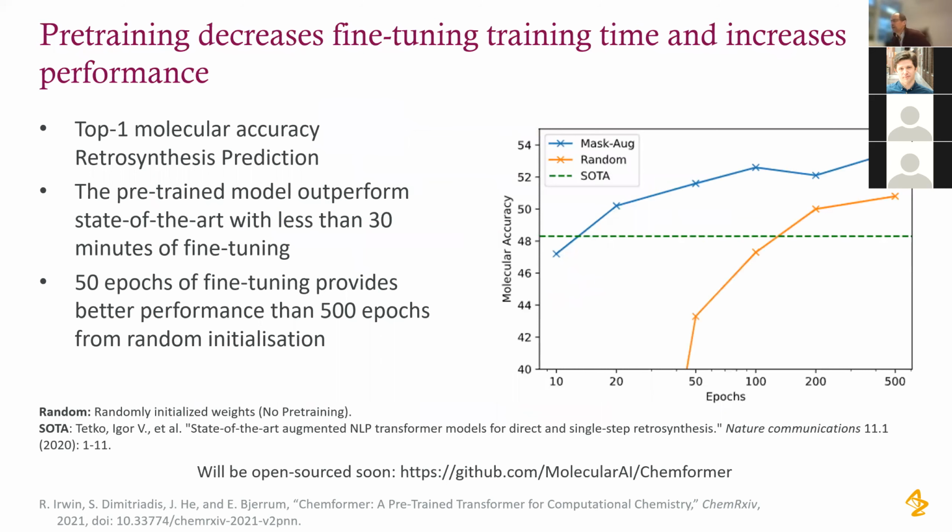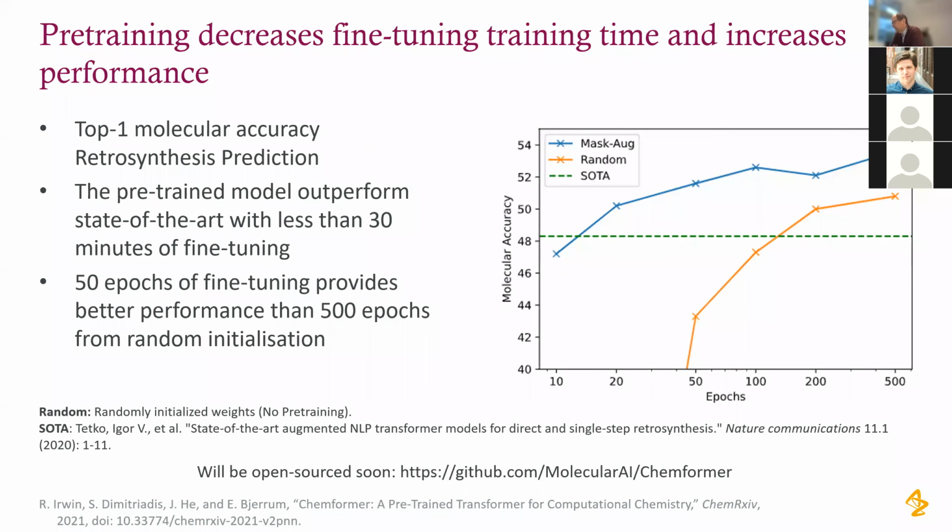Here are some results on the retrosynthetic task on a data set called USPTO 50K. We can see here that the blue line is the pre-trained one. So we start to train that, and very quickly it actually learns to solve this task. Whereas if we initialize the model randomly and then train on the same USPTO 50K task, it takes significantly longer to reach the same kind of performance.